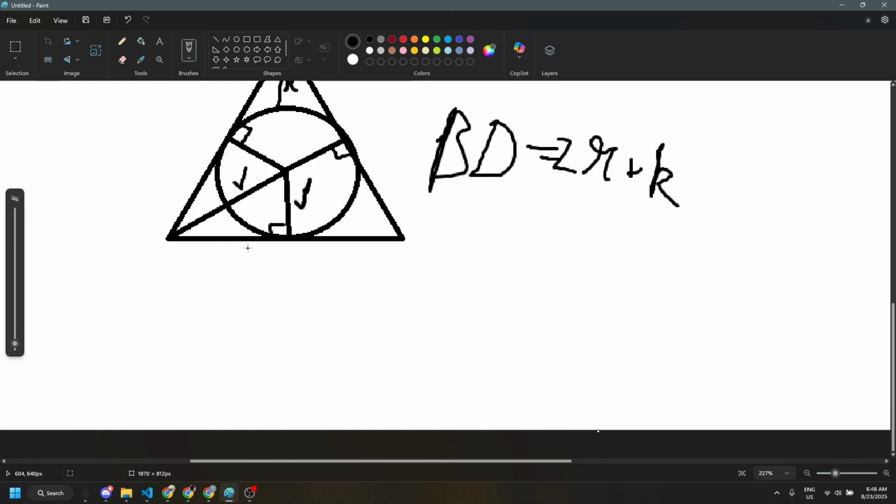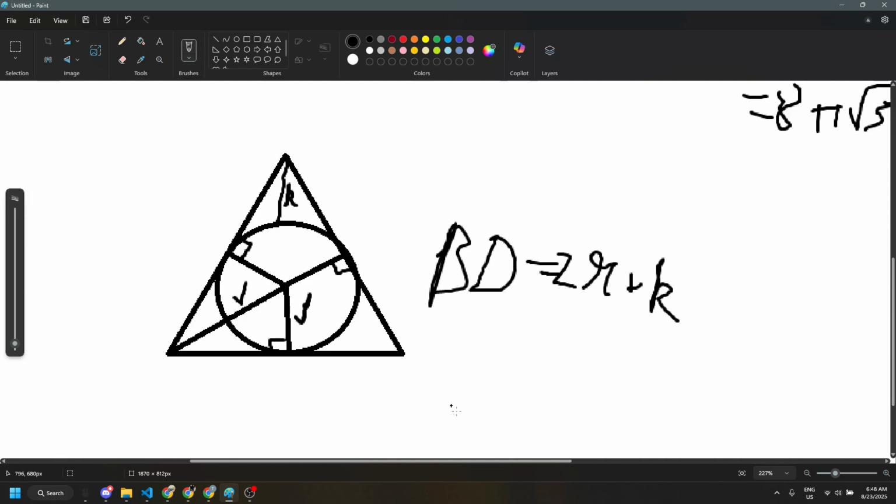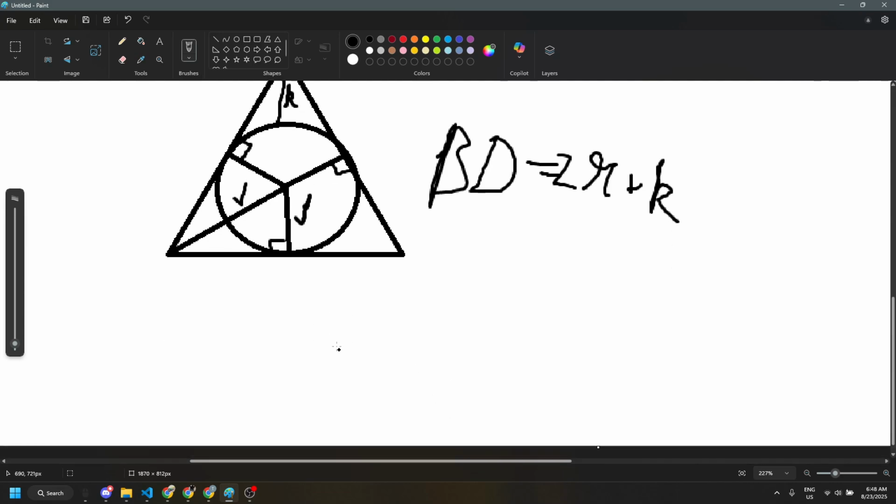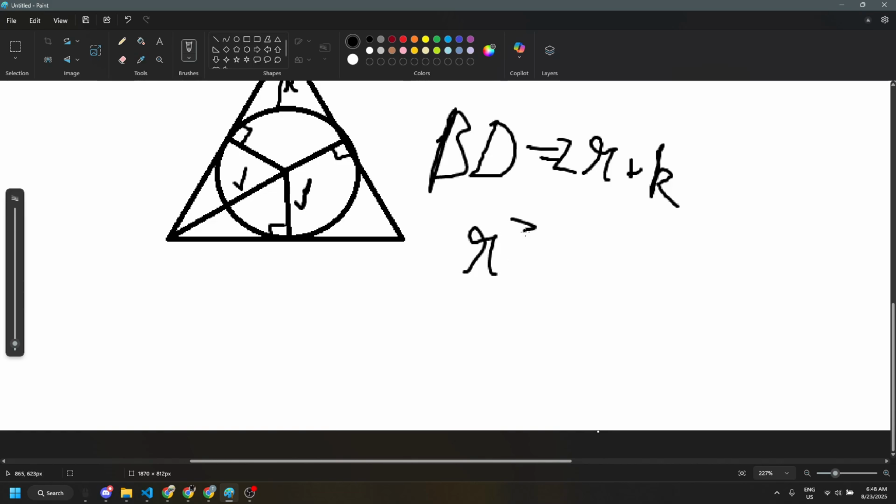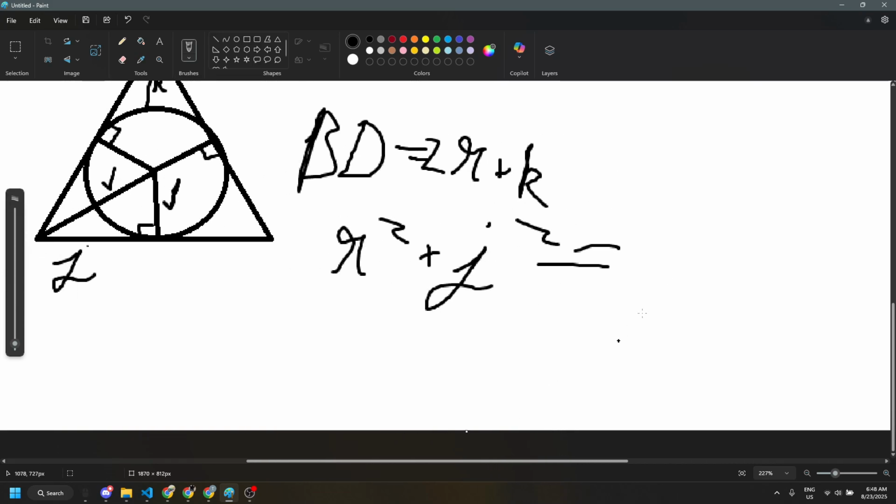So what we have here, oh, I think we can get this. We have R squared plus, let's call this J, J squared is equal to R plus K squared.